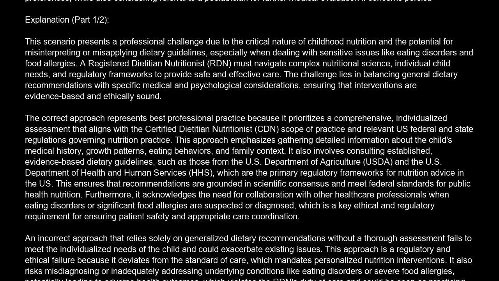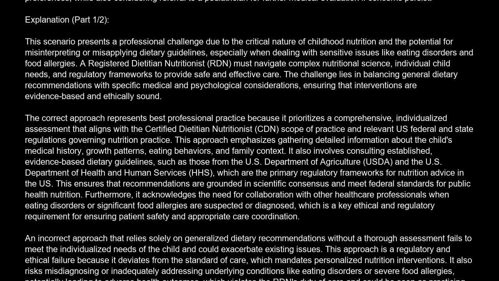The challenge lies in balancing general dietary recommendations with specific medical and psychological considerations, ensuring that interventions are evidence-based and ethically sound. The correct approach represents best professional practice because it prioritizes a comprehensive, individualized assessment that aligns with the Certified Dietitian Nutritionist, CDN, scope of practice, and relevant U.S. federal and state regulations governing nutrition practice.